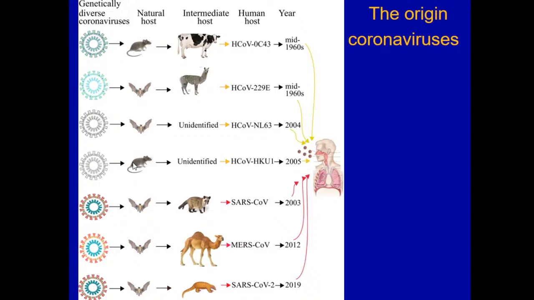But those three that appeared since 2003, SARS, MERS, and SARS-CoV-2, all have most probably bats as natural hosts. And then they get to the human population through different types of animals.